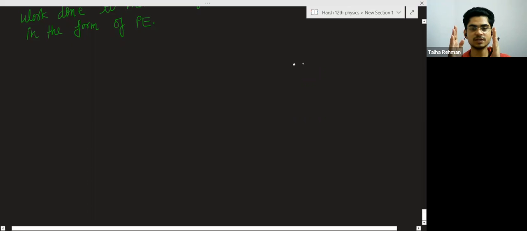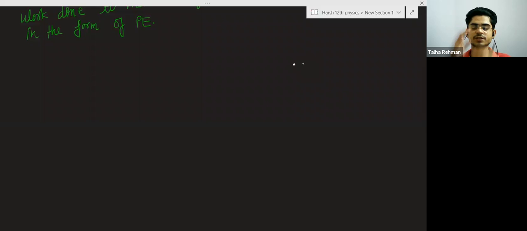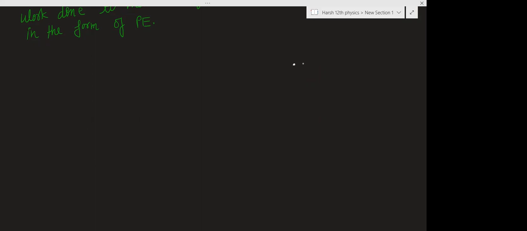Like if the distance between two charges is 3 mm, so 3 meter will be infinite. 3 meter, you can say infinite. This is just a very simple concept.